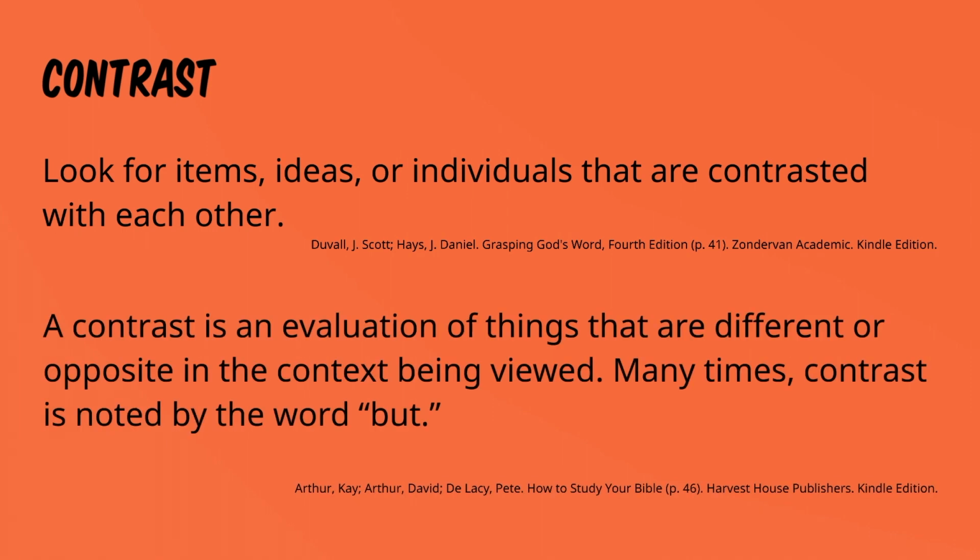The second definition, which I like a little bit better, says a contrast is an evaluation of things that are different or opposite in the context being viewed. Many times contrast is noted by the word but, and that's a clear sign that this passage has some contrast included in it. Oftentimes but is that key indicator, but not always.